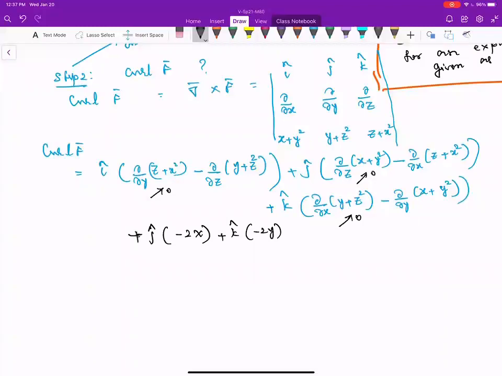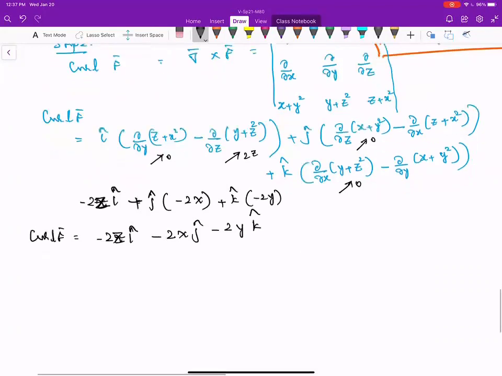So you're going to have one more term here, negative 2z i. So curl F is negative 2z i minus 2x j minus 2y k. All right, that is curl F: negative 2z i minus 2x j minus 2y k.